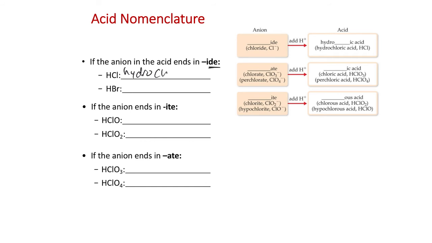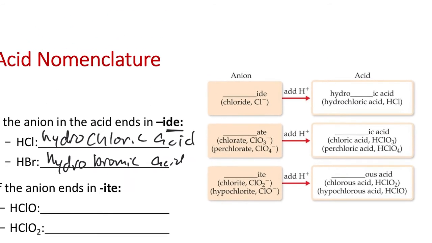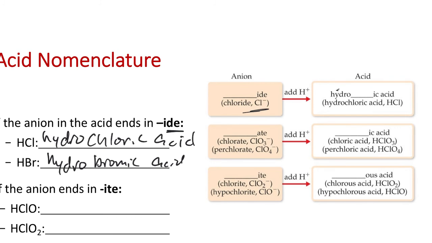So we call this hydrochloric acid. And HBr would follow suit because it's just bromide ion, like chloride ion. So bromide would be hydrobromic acid. So it's just the IDE endings go to hydro, root name of the element, then acid.